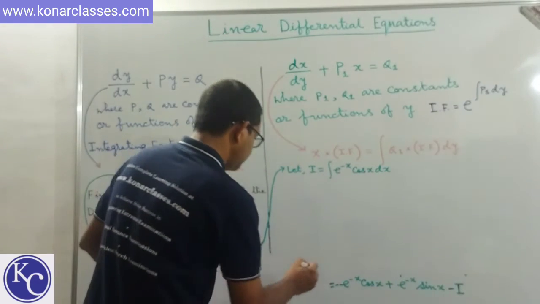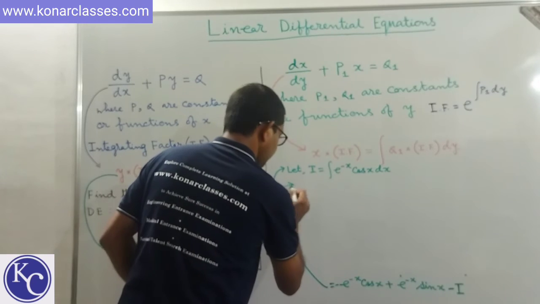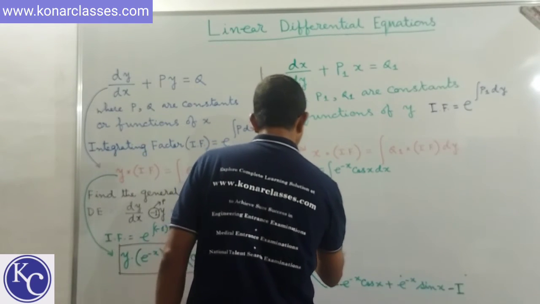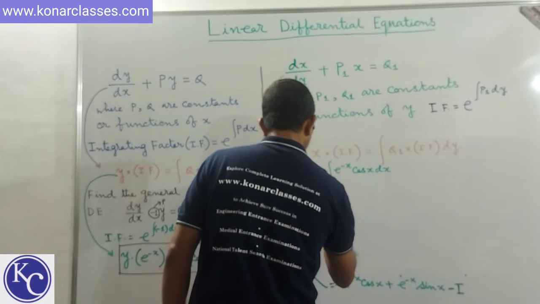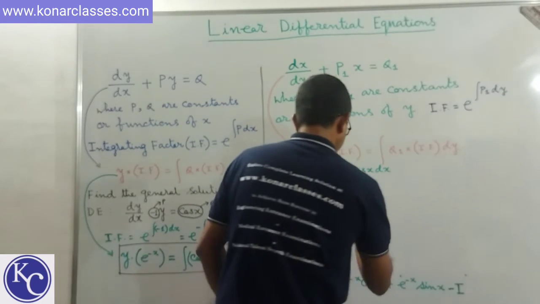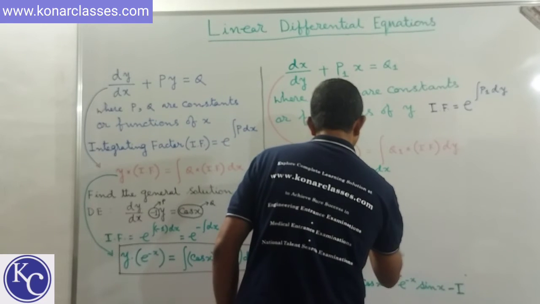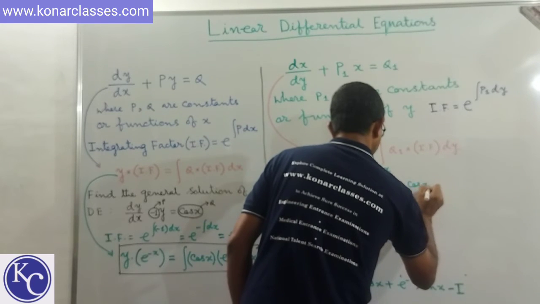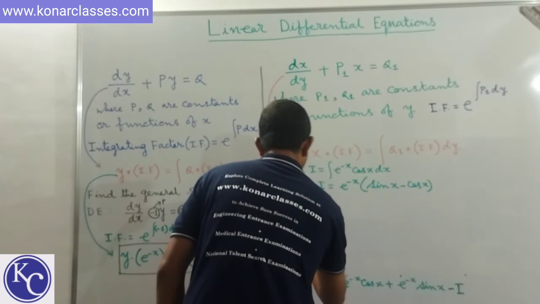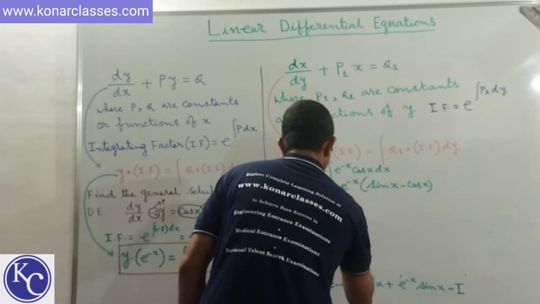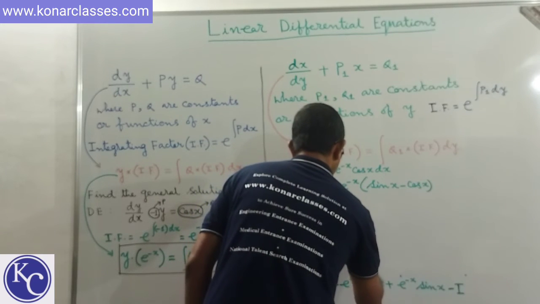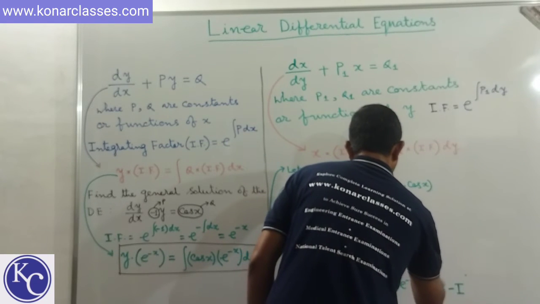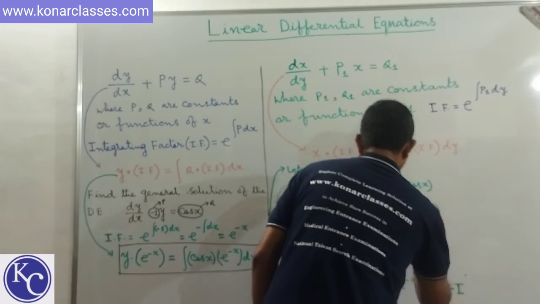So that implies, if we bring this minus I to the left hand side, it becomes plus I. So I plus I becomes 2I, which is equal to e power minus x into sin x minus cos x. That implies I equal to e power minus x divided by 2 into sin x minus cos x.